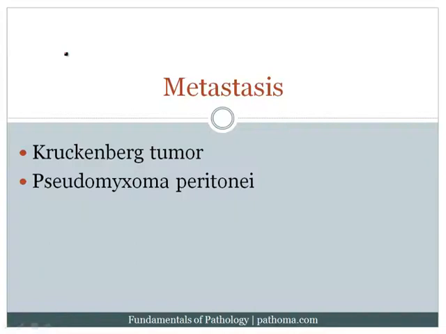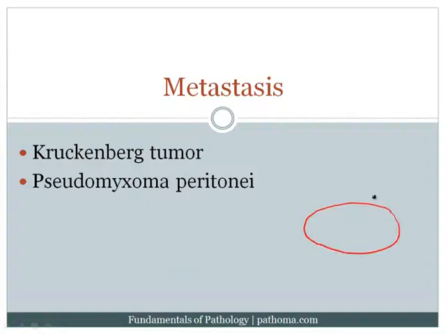Classically, the most common primary site would be a gastric carcinoma, in particular the diffuse subtype of gastric carcinoma. Now let's remind ourselves that when we think about gastric carcinoma, there are actually two subtypes. There's an intestinal type and there is a diffuse type. Remember that in the diffuse type, the characteristic cell that we would see would be something called a signet ring cell.